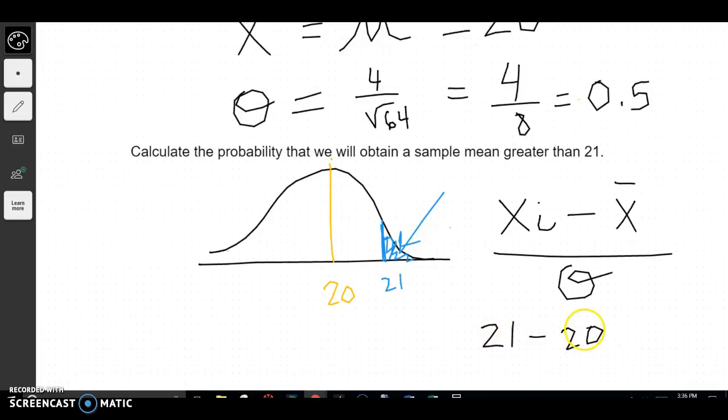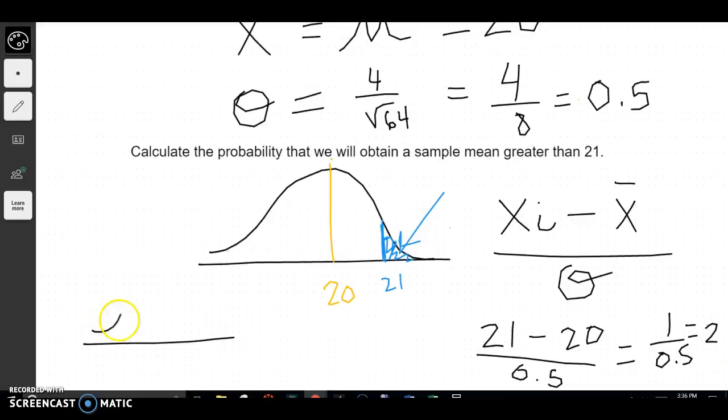Our mean is 20, and we divide by our 0.5. That gives us 1 over 0.5, which is really nice because that is 2. So this is 2 standard deviations away.